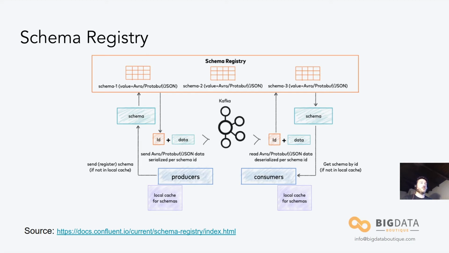And what's very important is that in the schema registry, you can define rules to make sure of the compatibility between versions of the schema. So you define a rule to make that schema backward compatible with the previous one. I will explain that later. And if the schema isn't compatible, the schema registry is going to reject that publication, and it doesn't allow the producer to publish to Kafka.